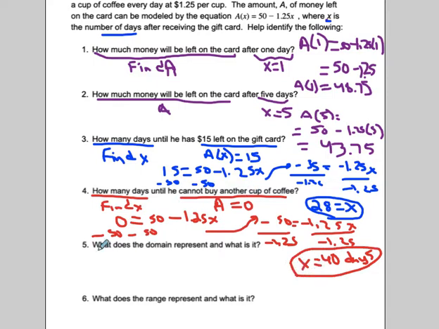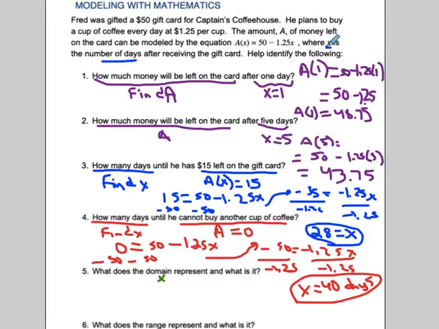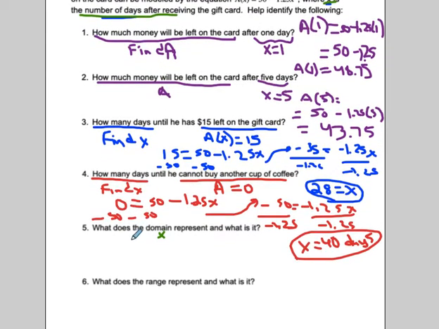Now, putting it all together, 5 and 6, let's tie this into domain and range. What does the domain represent, and what is it? Well, again, the domain is the x values. What is x referring to in our problem? X is the number of days after receiving the gift card. So the domain refers to the days that have passed. Now let's calculate what the domain actually is.